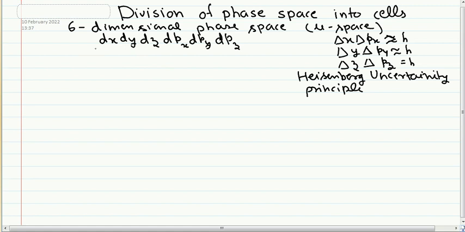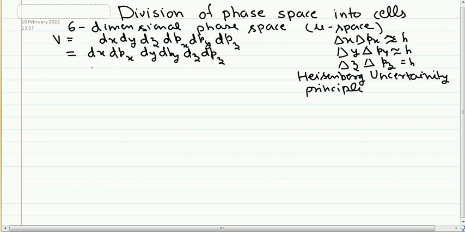Then what will happen? This is the total volume of the phase space. The product of the six coordinates represents the total volume of the phase space. So this can be grouped as dx into dpx, and then dy into dpy, and then dz into dpz.